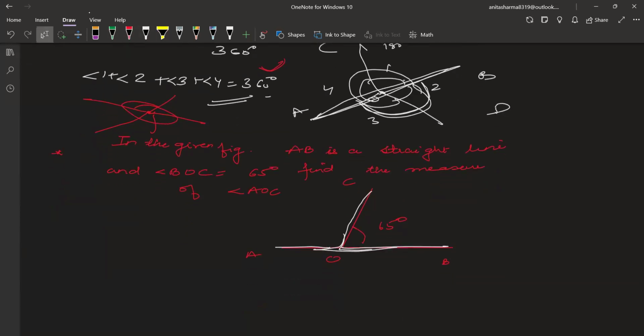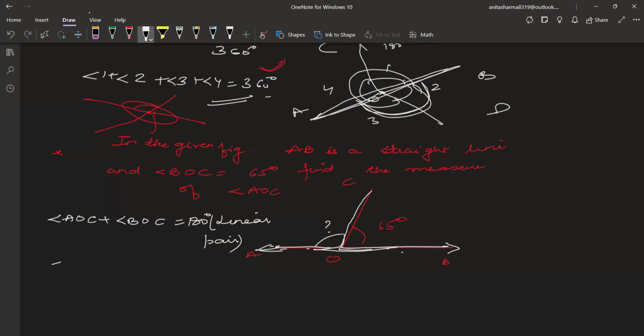And one more thing, the rays OA and OB are in opposite directions. So it means they are forming a linear pair. So you will write angle AOC plus angle BOC is equal to 180 degrees. And here you will write linear pair. Clear?